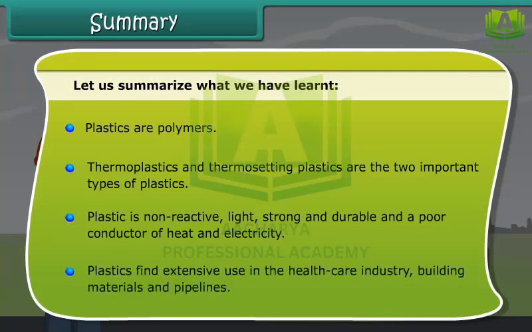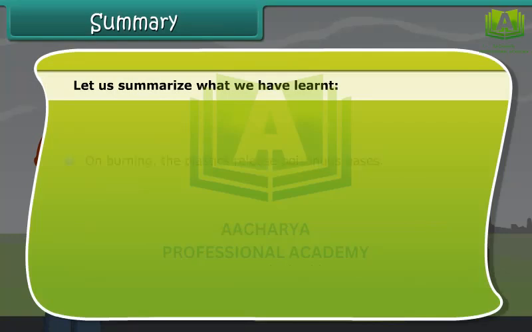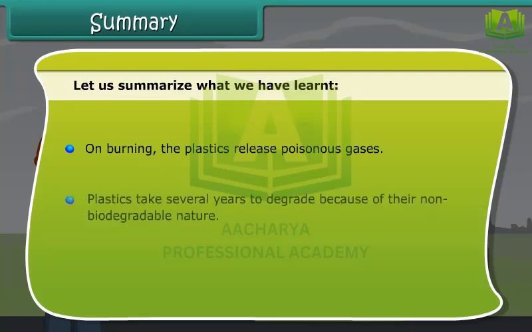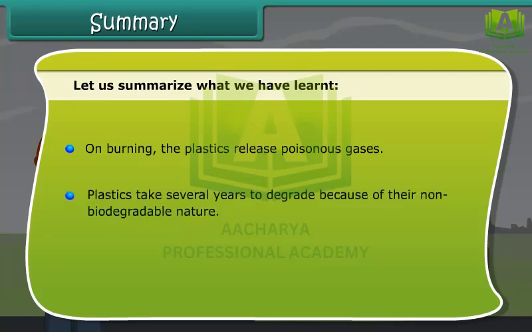Plastics find extensive use in the healthcare industry, building materials and pipelines. On burning, the plastics release poisonous gases. Plastics take several years to degrade because of their non-biodegradable nature. Adopt 4 Rs: reduce, reuse, recycle, and recover.